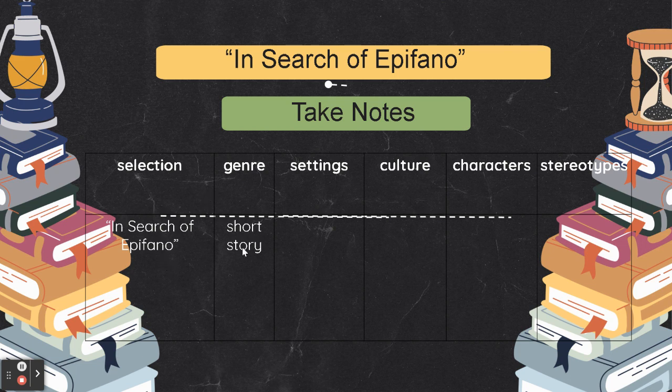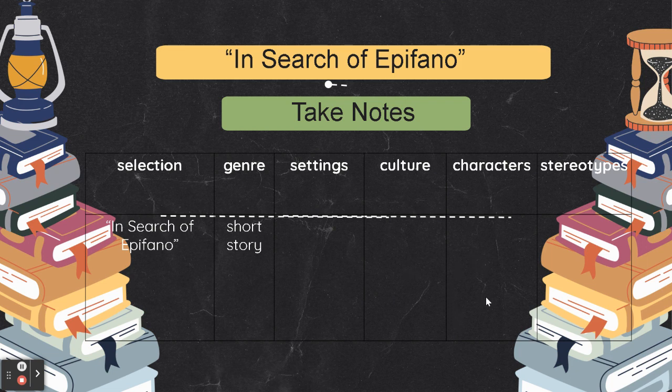The genre is a short story. And so what I would like for you to do is think about the setting, like where did the story take place? When did the story take place? How was the culture as well?